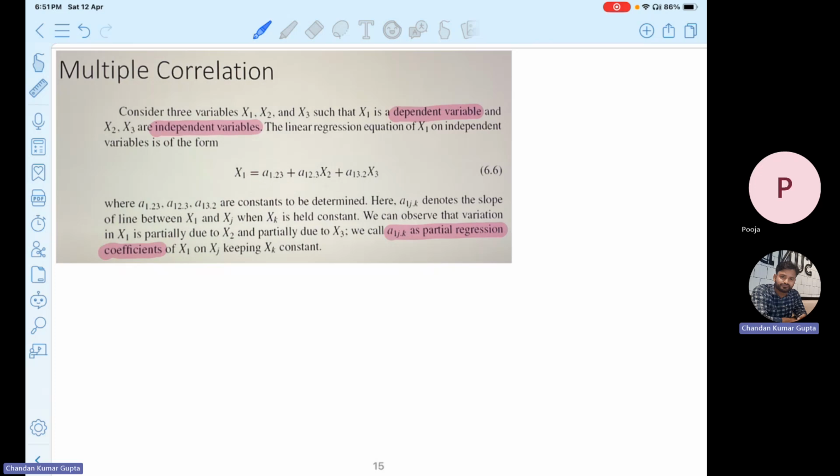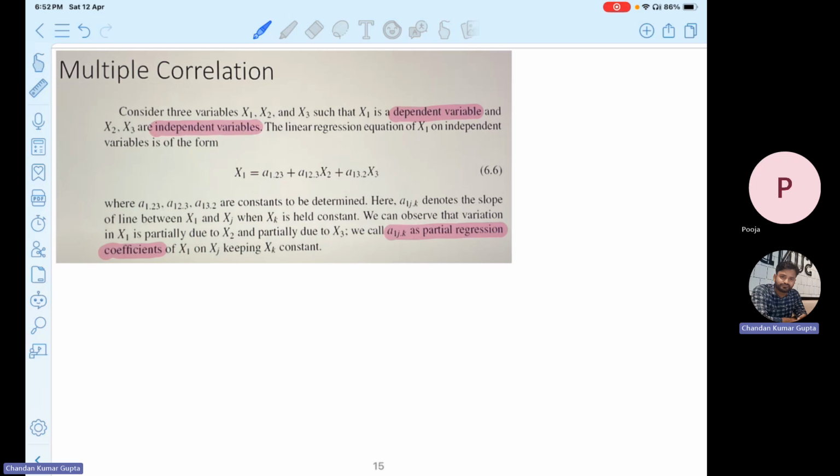Suppose we have three random variables, x1, x2, x3. We can calculate with one dependent variable and two or more independent variables, because we need to calculate with respect to one variable. For the sake of simplicity, we call it the dependent variable.